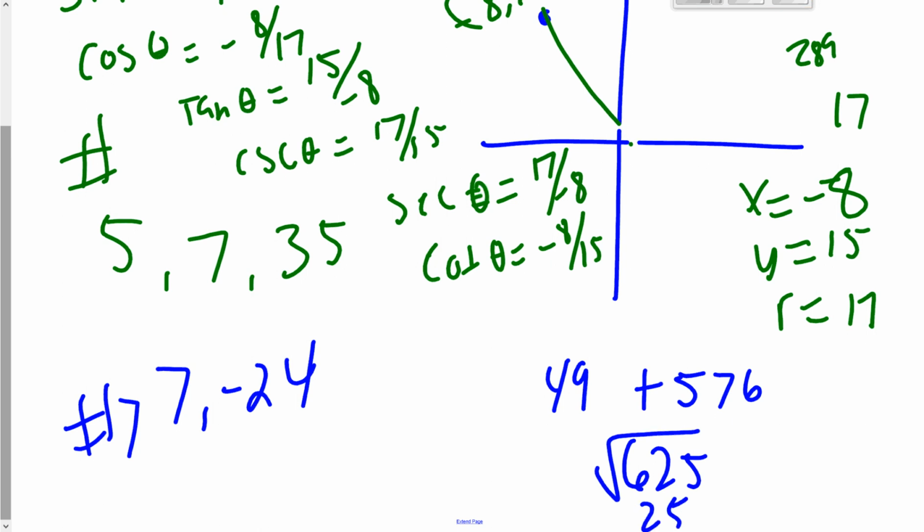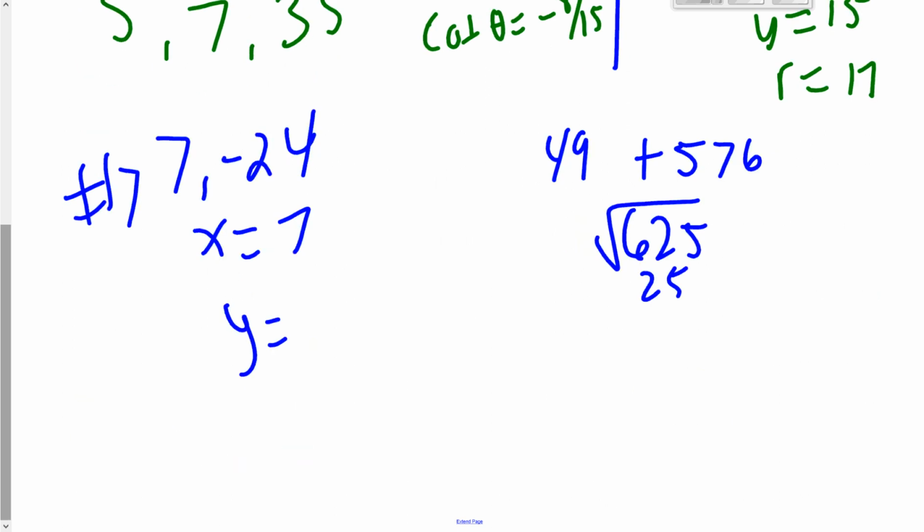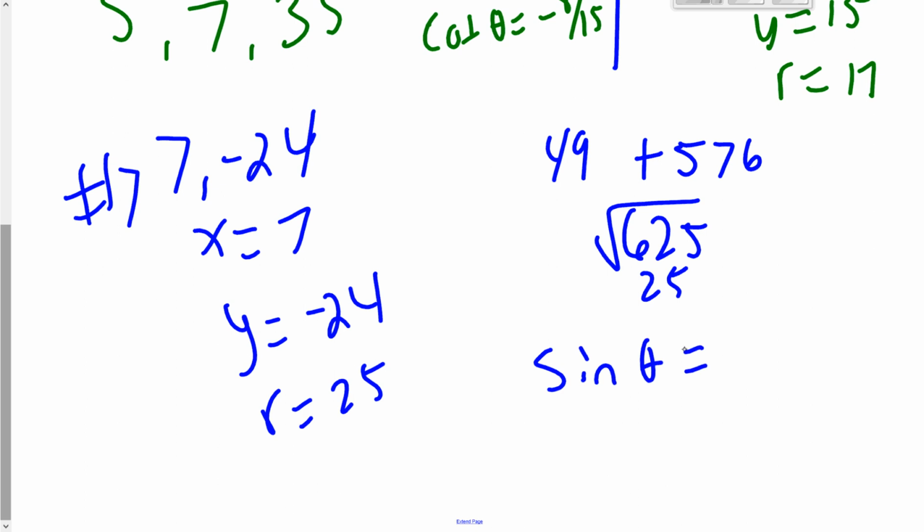So we have our x, which is 7, we have our y, negative 24, and we have our r is 25. So sine of theta is equal to our y over our r. Cosine is our x over our r.